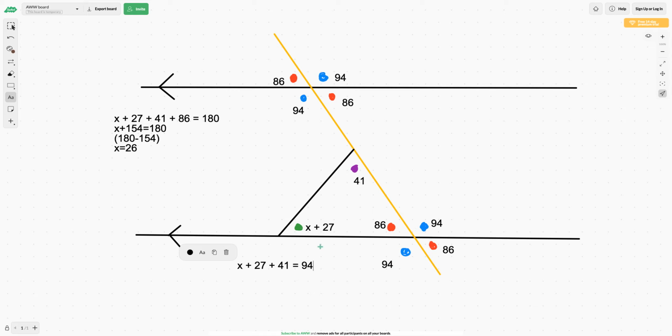So, calculator, 27 plus 41 is equal to 68. So x plus 68 equals 94. Now what we're going to do is 94 minus 68, just basic algebra. So 94 minus 68 is equal to 26. So we've officially verified that x is equal to 26.